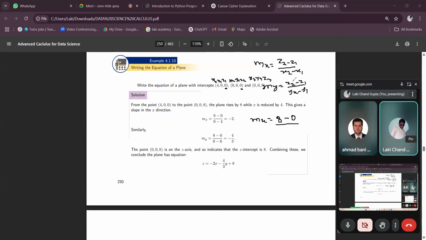Okay, x2 minus x1. What is x2? This is actually x3. We have to put x3. x3 minus x1, 0 minus 2, which is negative 2.